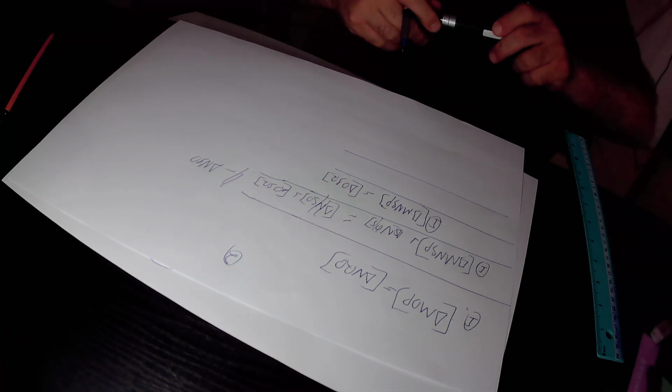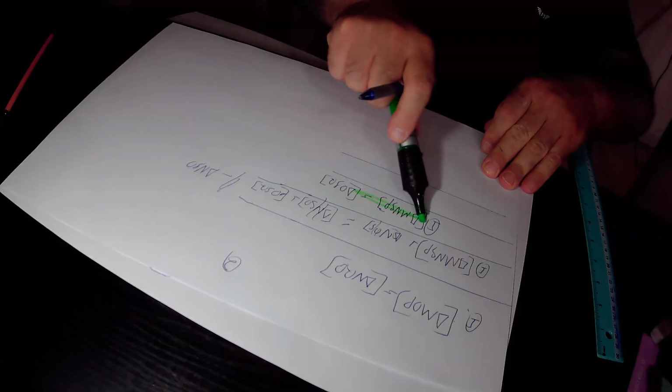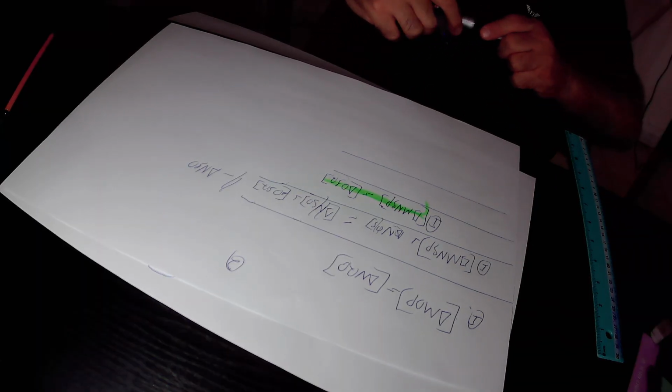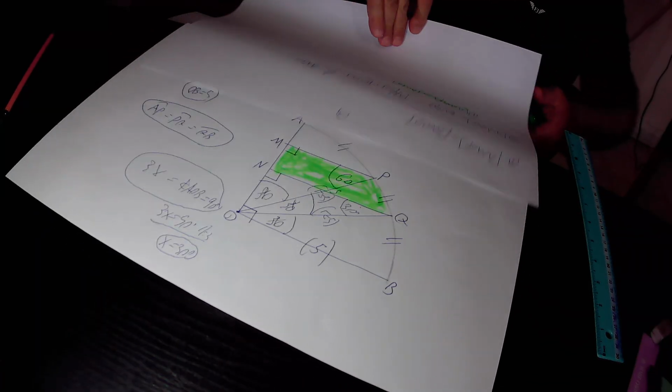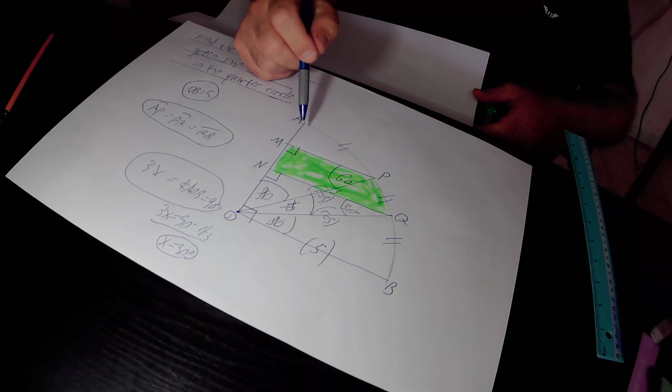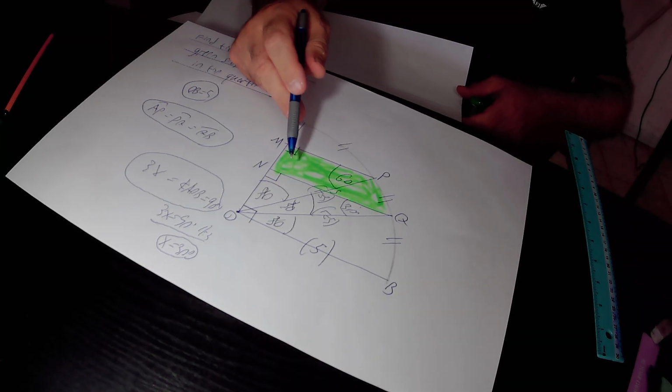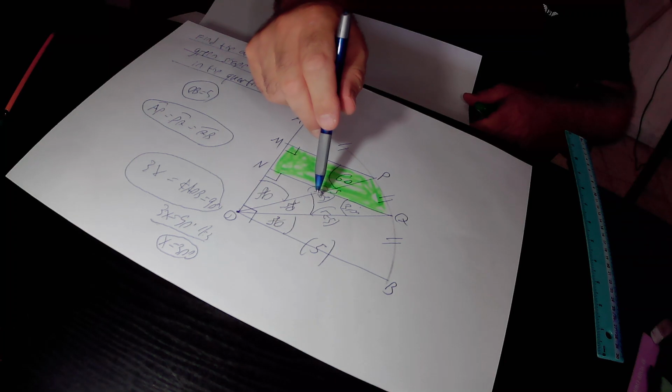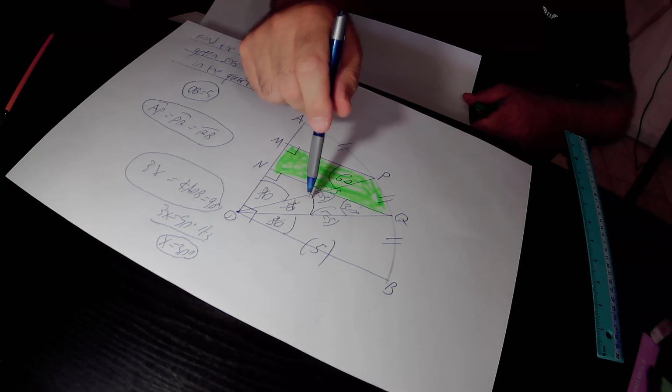So we actually found out that the area of this green quadrangle MNSP is equal to the area of this white triangle OSQ.